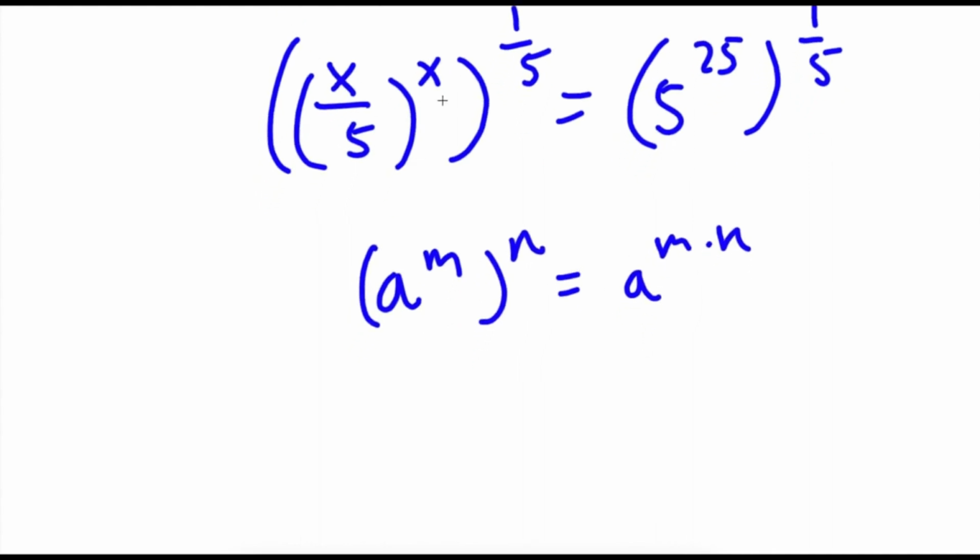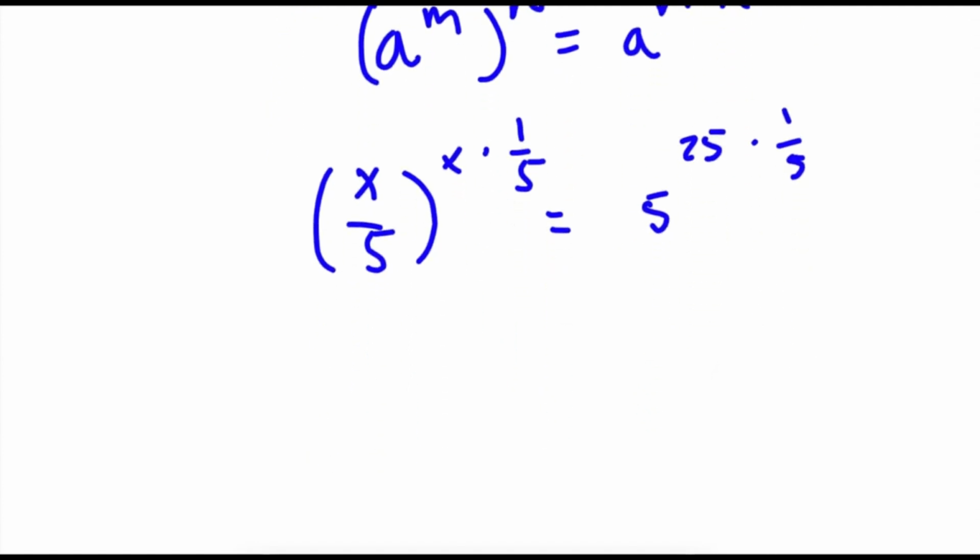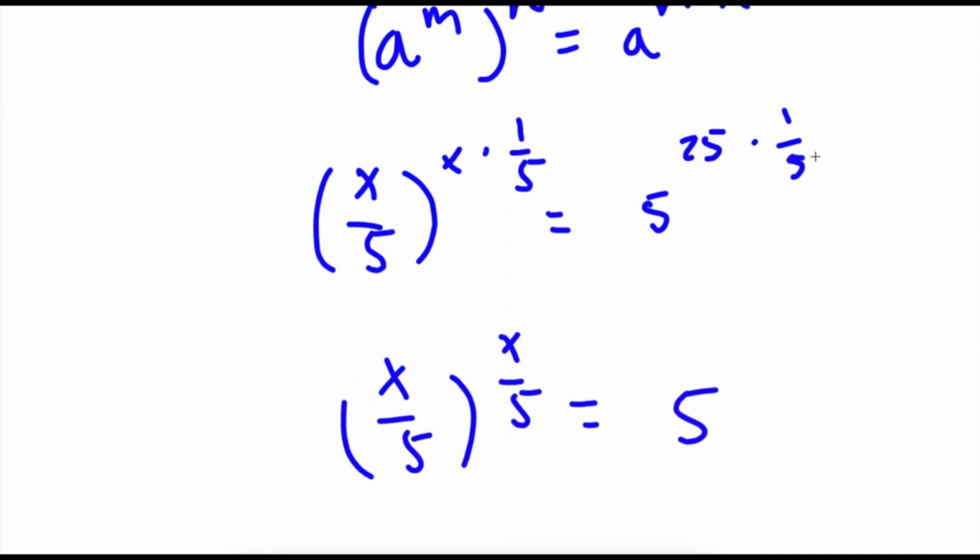So for x over 5 to the power of x to the power of 1 over 5, that is going to equal x over 5 to the power of x times 1 over 5. Now this is equal to 5 to the power of 25 to the power of 1 over 5. That's going to equal 5 to the power of 25 times 1 over 5. Now x times 1 over 5 is simply x over 5, so I have x over 5 to the power of x over 5 is equal to 25 times 1 over 5 is simply 5.